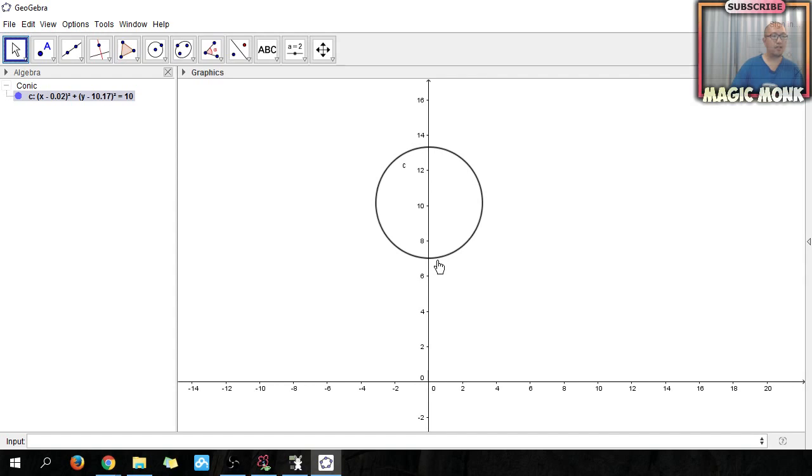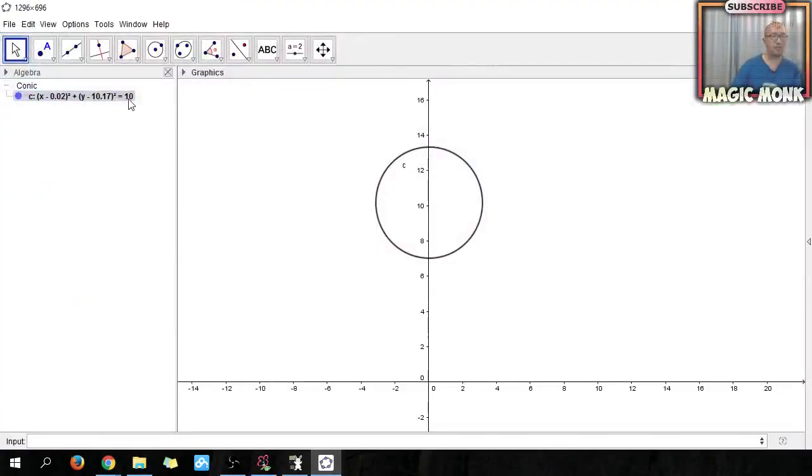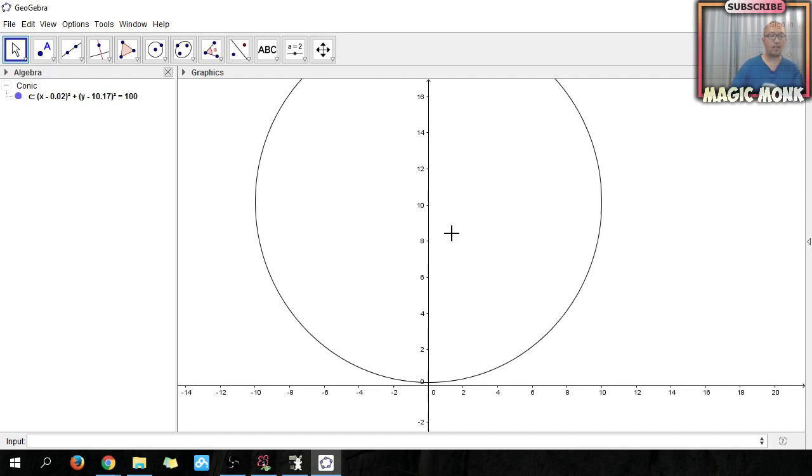what? Radius is not 10. The radius is, wait. Let's just try 100. Now the radius is 10.